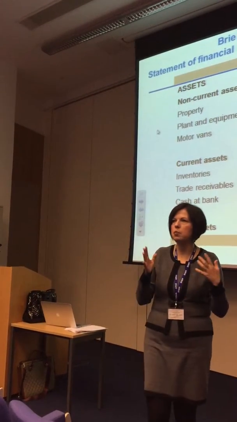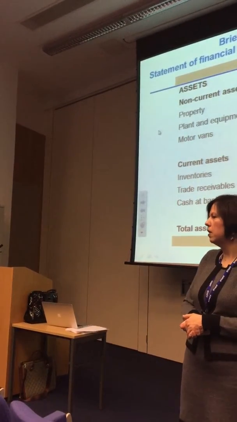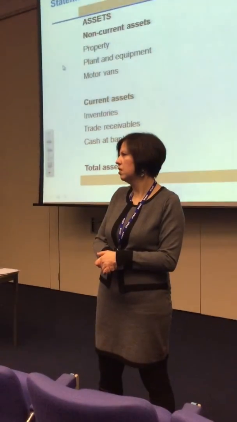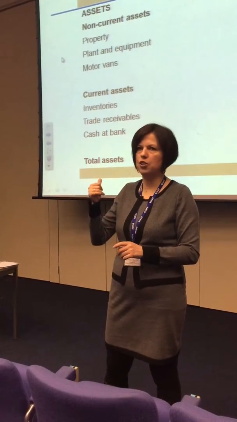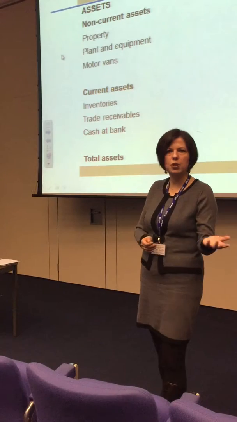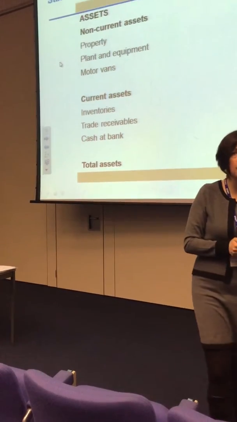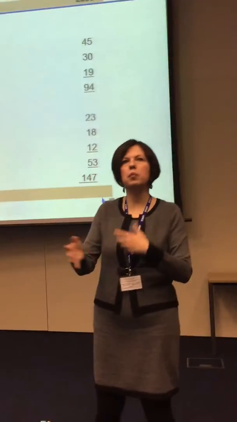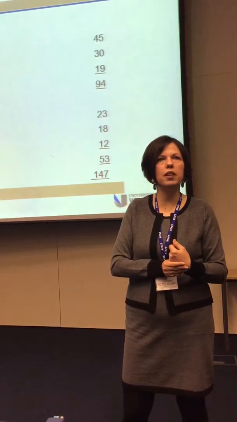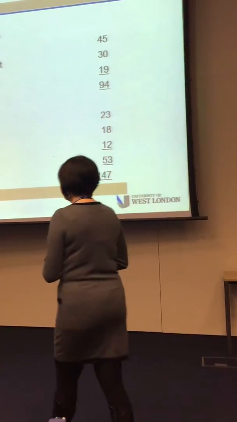So if we bought some equipment, hopefully it will serve us a few years, right? So that would be a non-current or long-term asset. If we have some cash, which we can spend anytime, or we have some inventory, which we will be selling off within the next couple of months, then that would be a current asset.